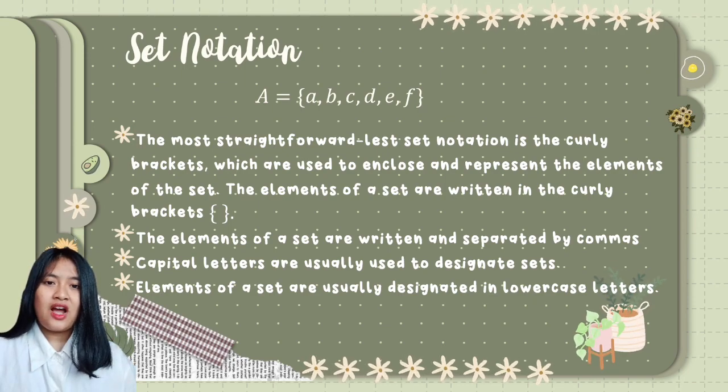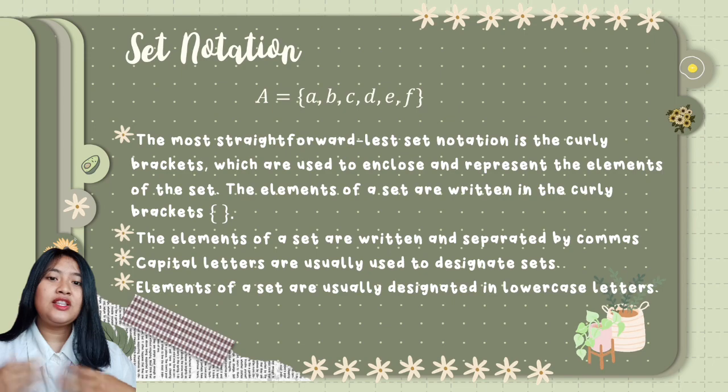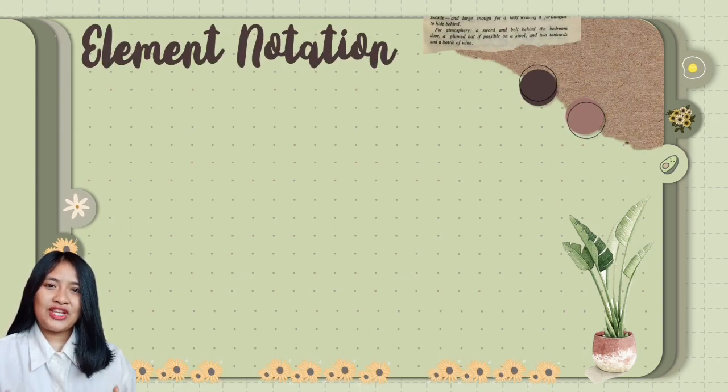Capital letters are usually used to designate sets. Elements of a set are usually designated in lowercase letters.